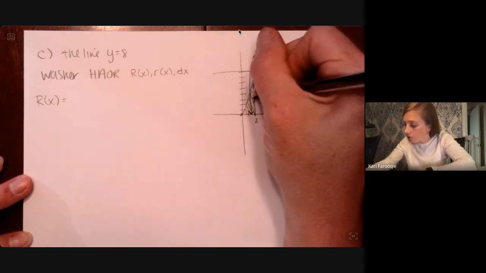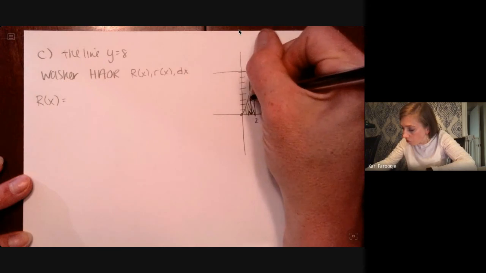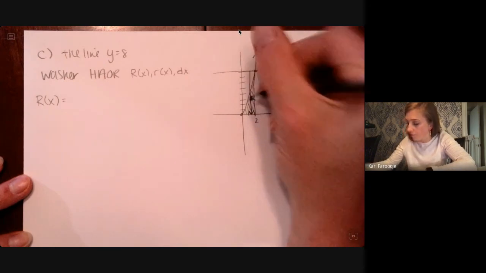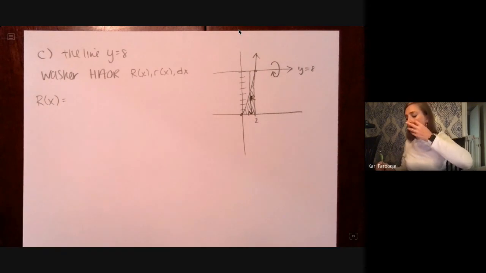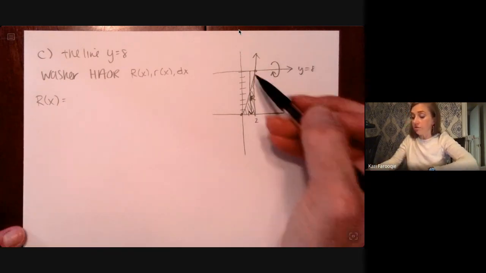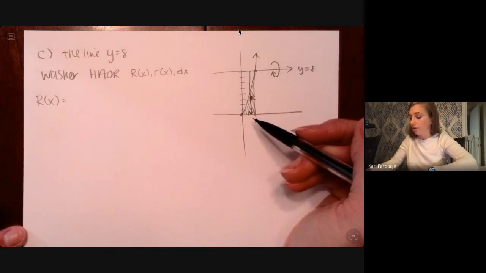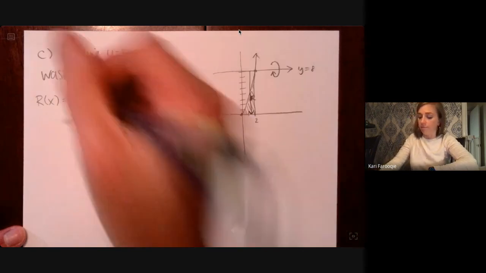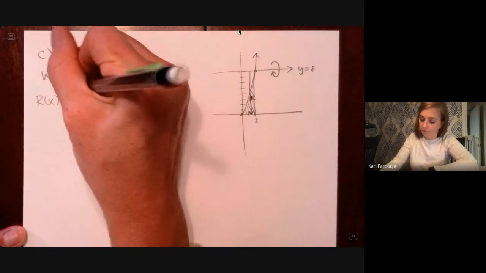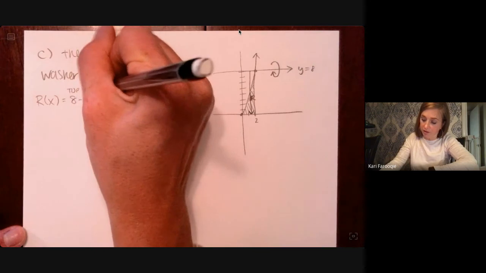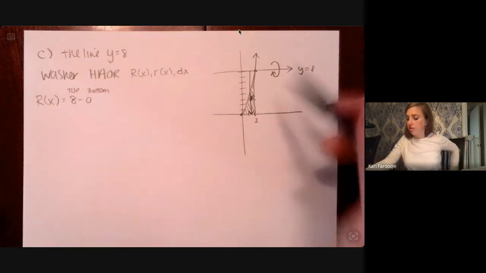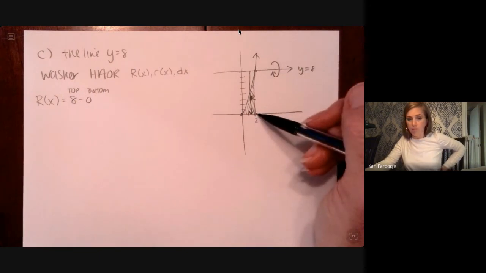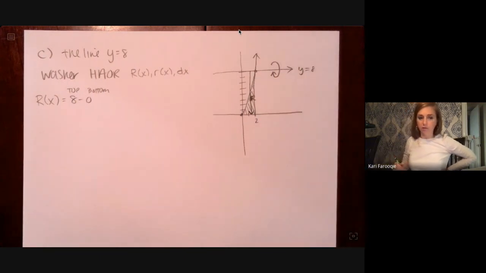No matter what, we're looking at top minus bottom, 8 minus 0. And I think this one too is easy to see because you can tell that it's 8 units from the bottom, the base of the figure, to the axis of revolution.